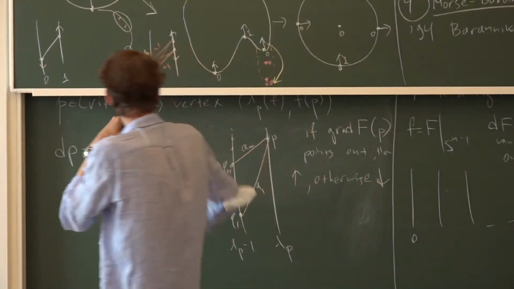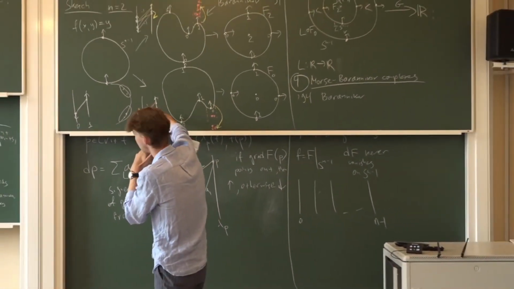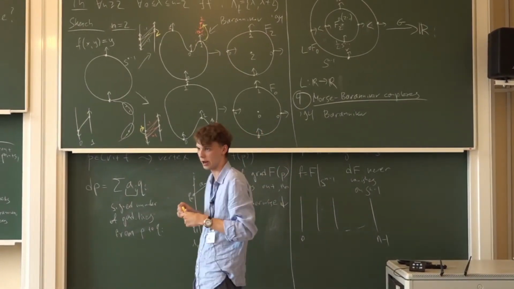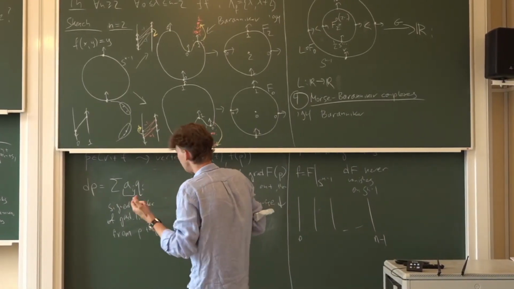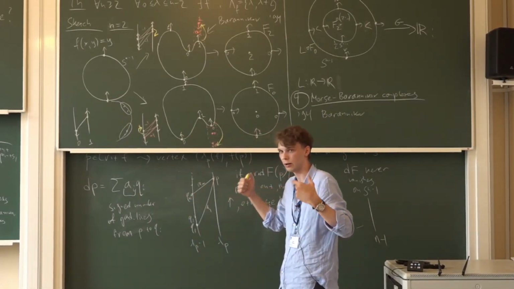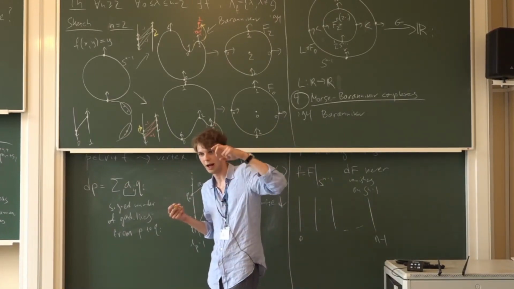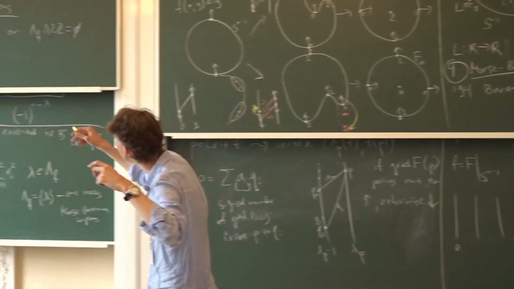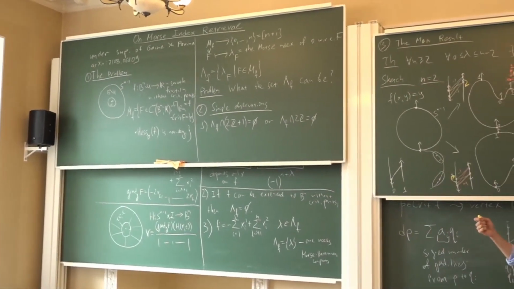Yeah, that's it. And we see that in our transformations, the Morse-Barannikov complex changes somehow, and in fact, it changes in a very particular way. So if you know some Cerf theory, then you know that any two Morse functions can be connected by a path, such that all the functions in this path are either Morse functions or functions having a singularity such that the matrix of second derivatives is degenerate, but degenerate only in one direction.